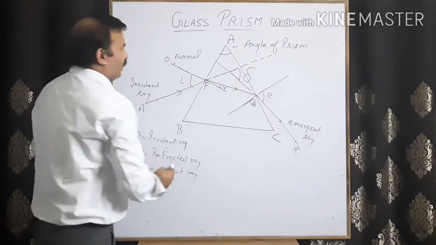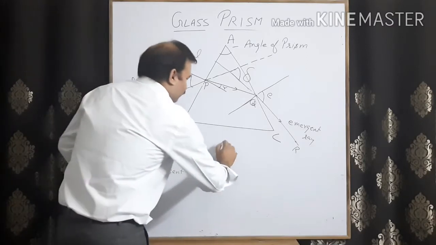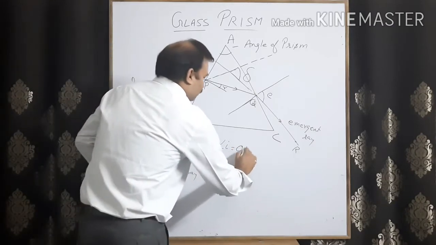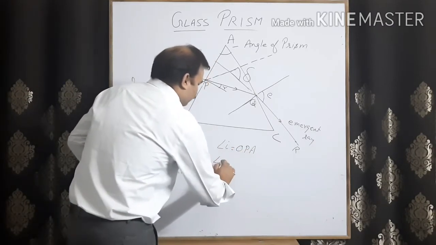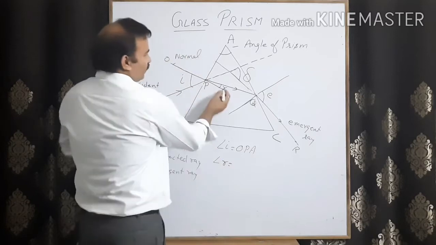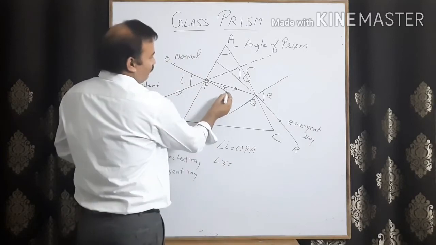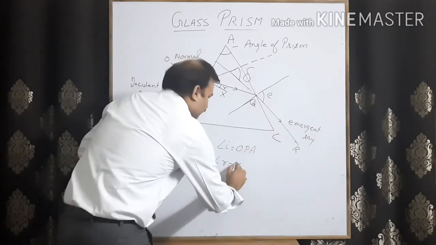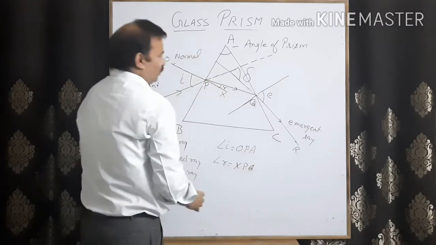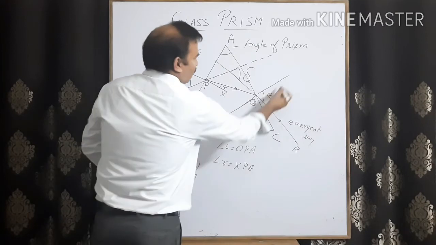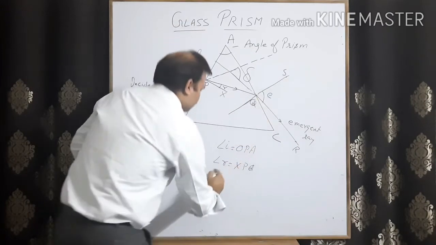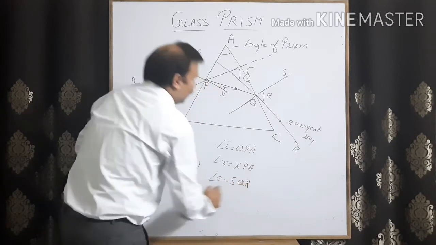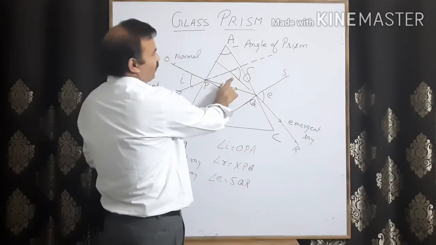Now angle of incidence is equal to angle OPA. Angle of refraction is this angle, if I name this point as X, XPQ. Angle of emergence, I'll name this point as S, so angle SQR.